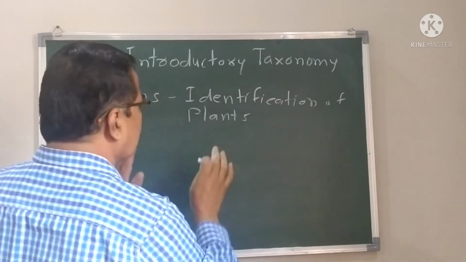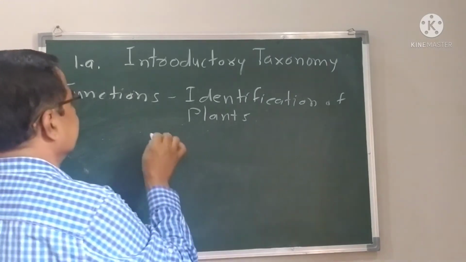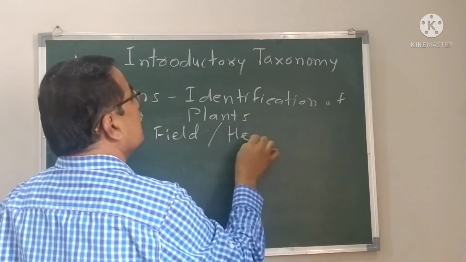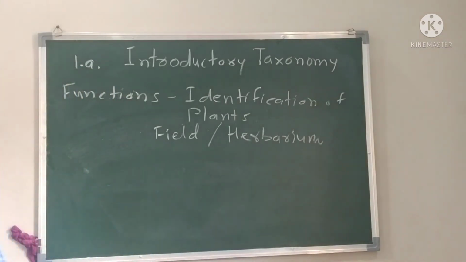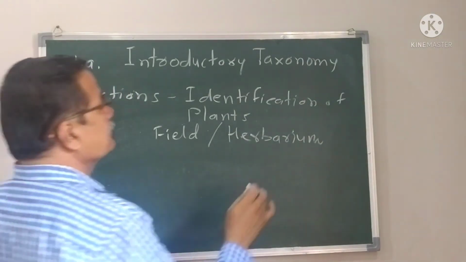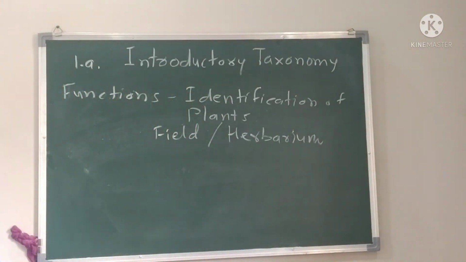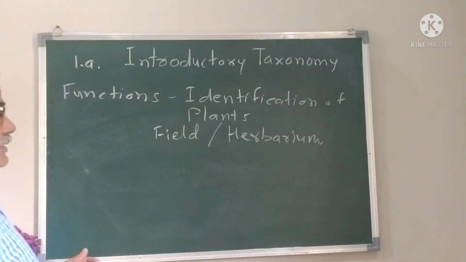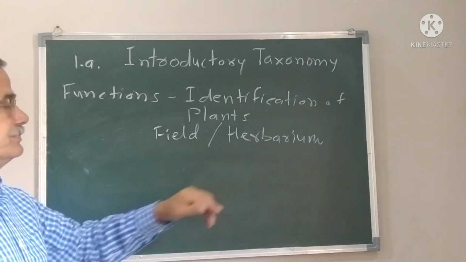The plants which are found on the earth's surface, in the field area, or mounted on the herbarium for the purpose of further study, repeatedly studying the characters. The plants are preserved, mounted on herbarium sheets. These are known as the herbarium. In the next topic we are going to see the details.